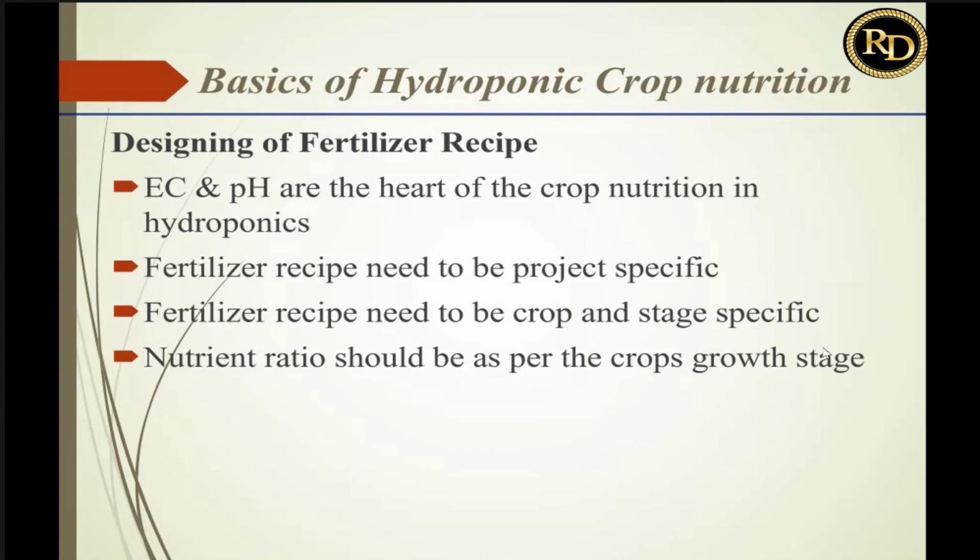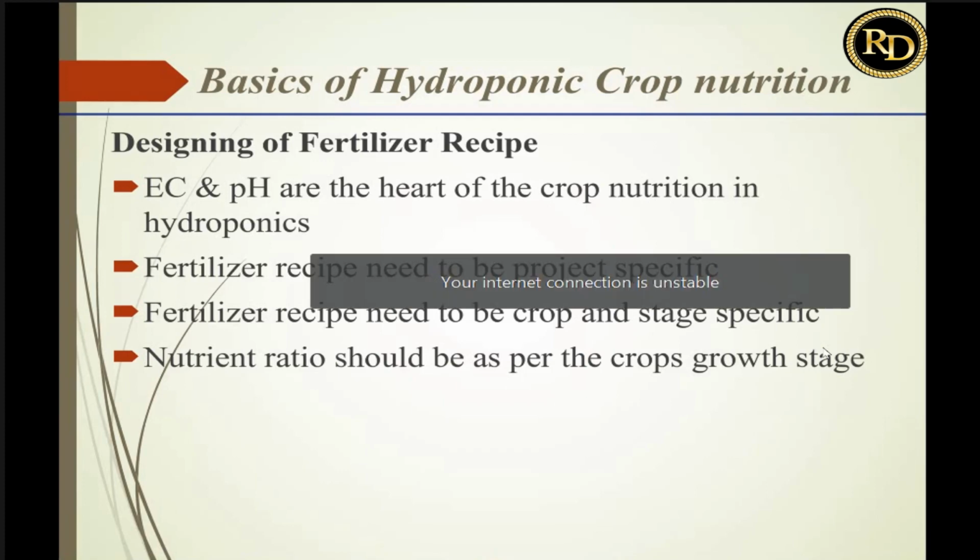For a short duration crop like leafies, one recipe will work throughout the crop cycle. However, for long-term tomatoes which last 6, 8, or 9 months, even in Europe, you need to calibrate at the growth stage level.